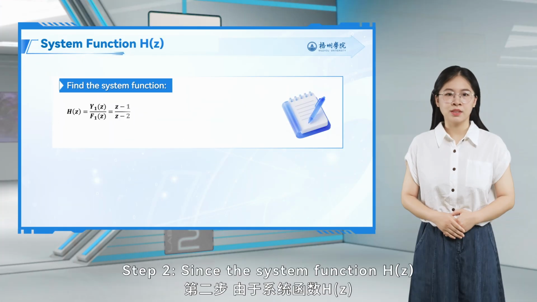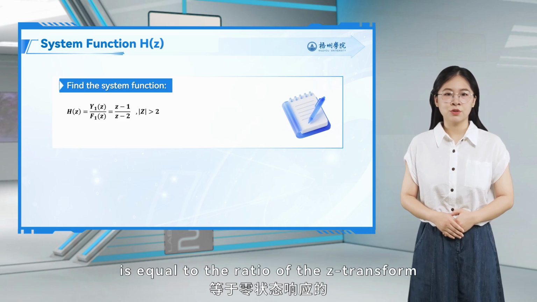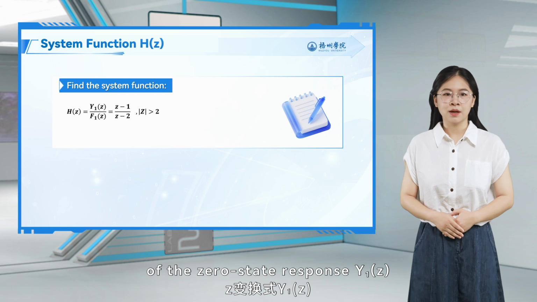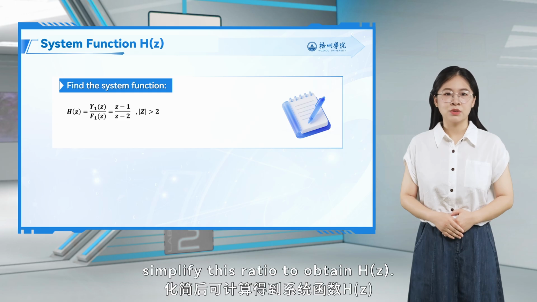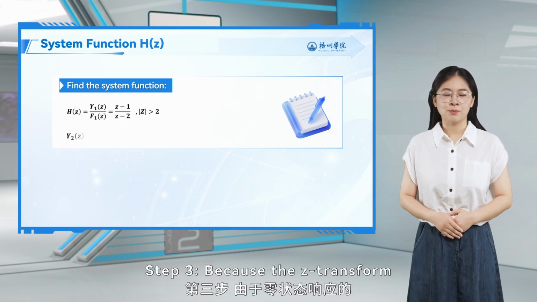Step 2. Since the system function H(z) is equal to the ratio of the z-transform of the zero-state response Y1(z) to the z-transform of the input F1(z), simplify this ratio to obtain H(z). Step 3.